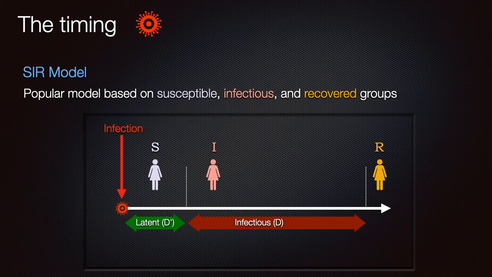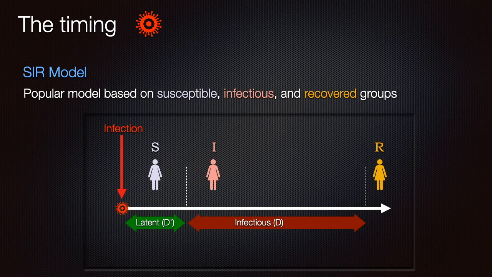What we are going to concern ourselves with, however, is categorizing individuals in a population as accurately as we can to inform models. One of the earliest, most basic models developed for infectious disease tracking is called the SIR model. SIR stands for susceptible, infectious, and recovered, and it refers to these three groups of individuals in a population.